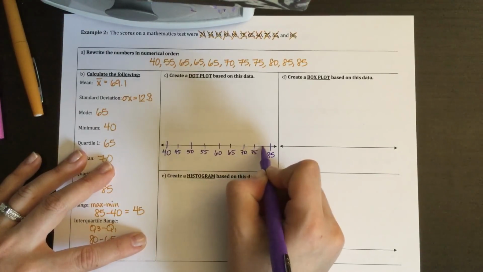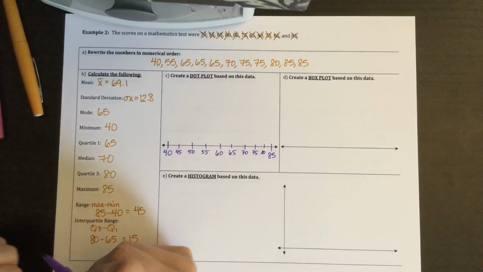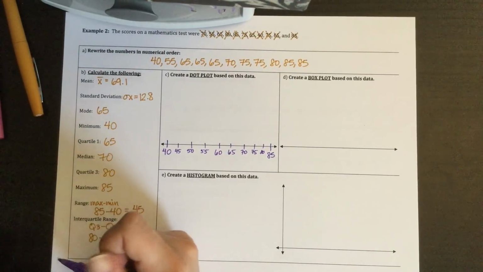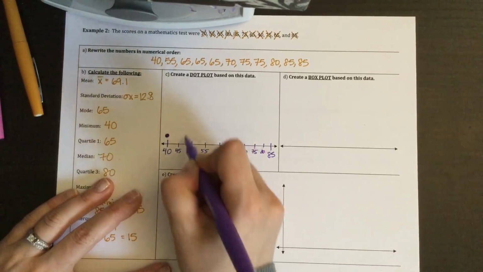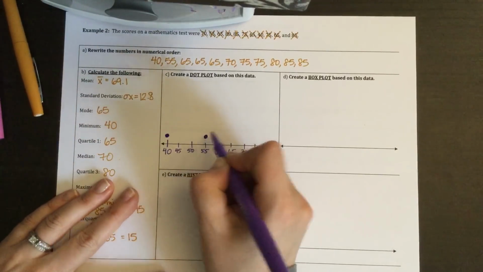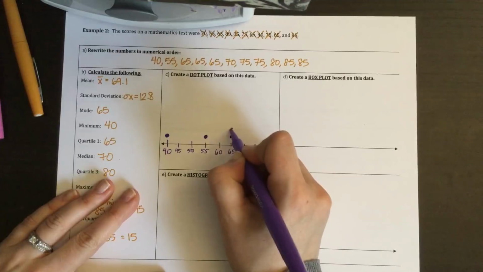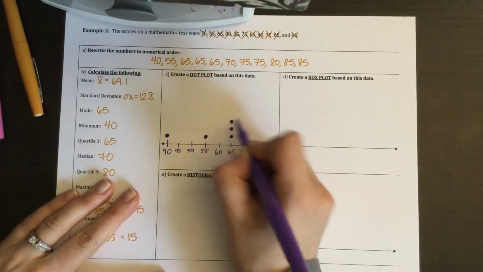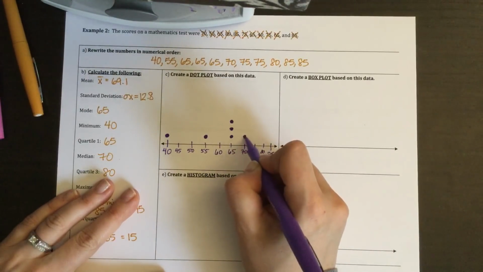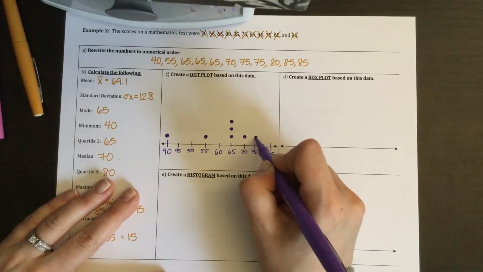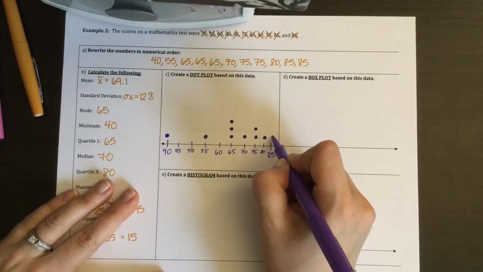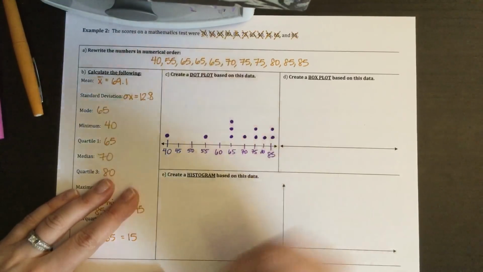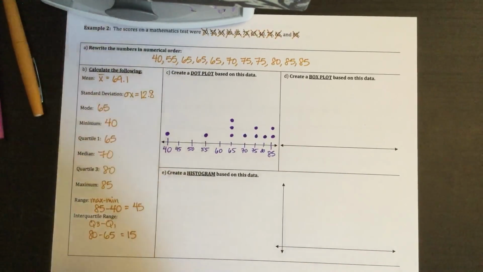Oh, kind of ran out of room here. That's okay. I've got one 40, one 55, three 65s, one 70, two 75s, one 80, and two 85s. And there's a dot plot.